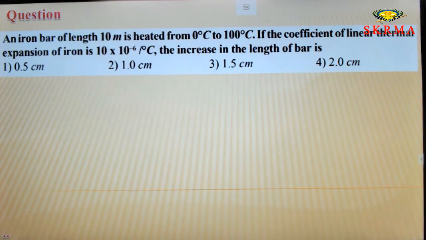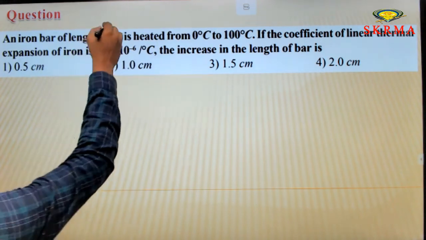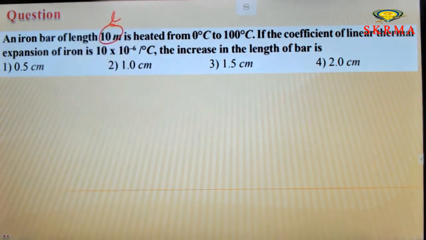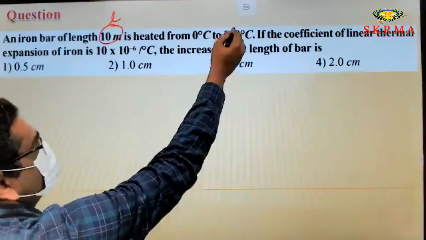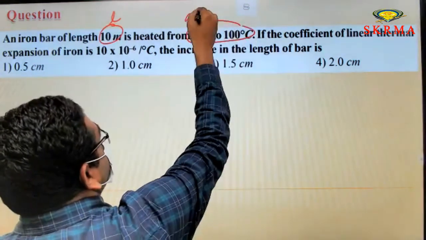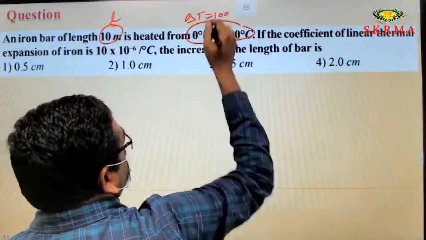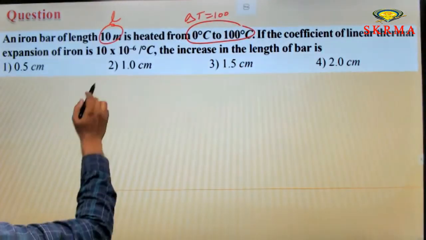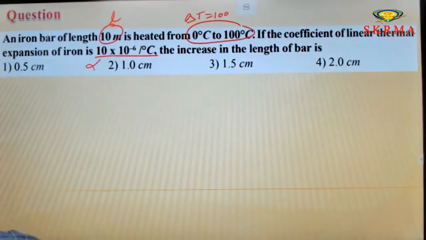Next, an iron bar of length 10 meter is heated from 0 to 100 degrees centigrade, so delta T equals 100. The coefficient of linear expansion alpha is 10 into 10 power minus 6 per degree centigrade. Then what is the increase in length of the bar?